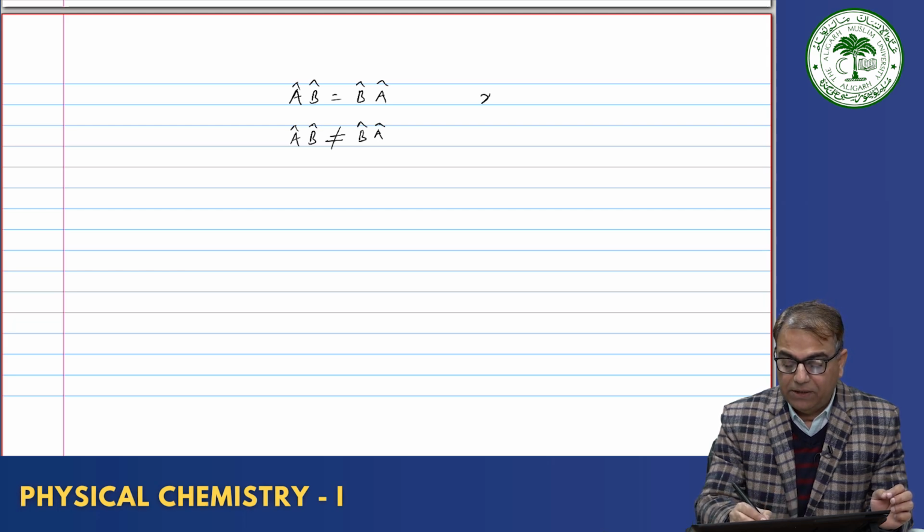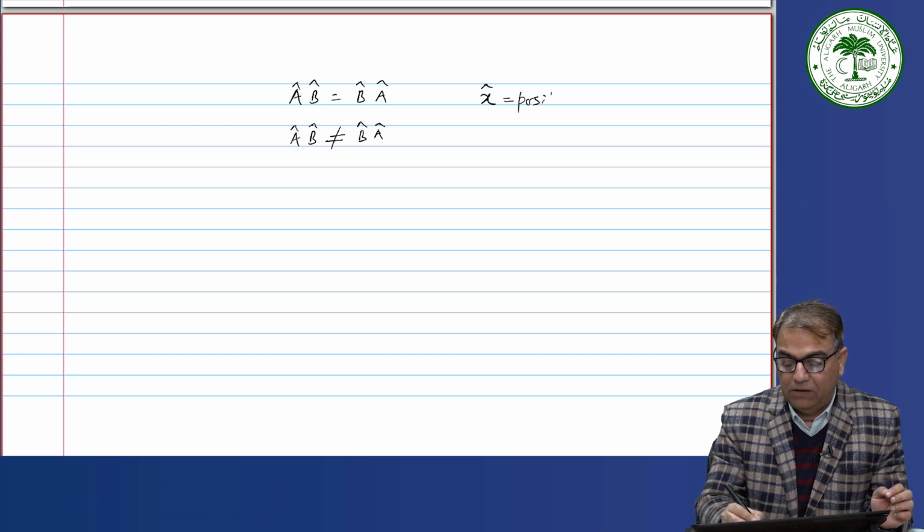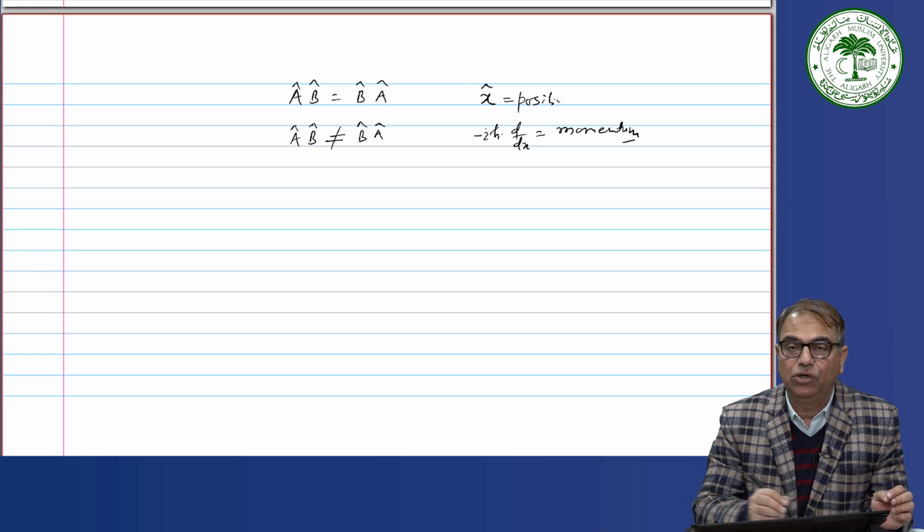If you look at the operator x, which is the operator for position, and minus iħ d/dx, that of momentum, then you will find that x px is not equal to px x.